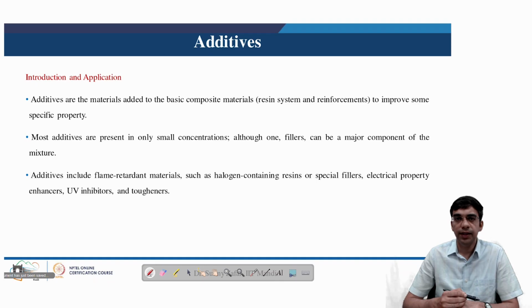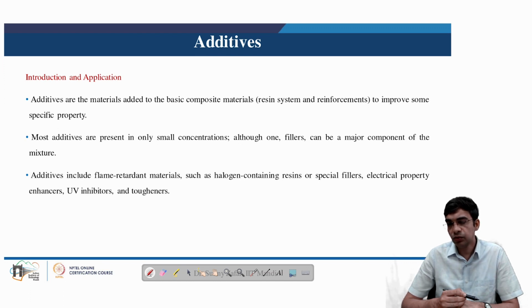So first is the additives. Additives are basically the materials which are added in the composite material, be it the resin system or reinforcement, to improve a specific property. Most additives may be added only in small concentrations, although fillers can sometimes become a major component of the mixture.